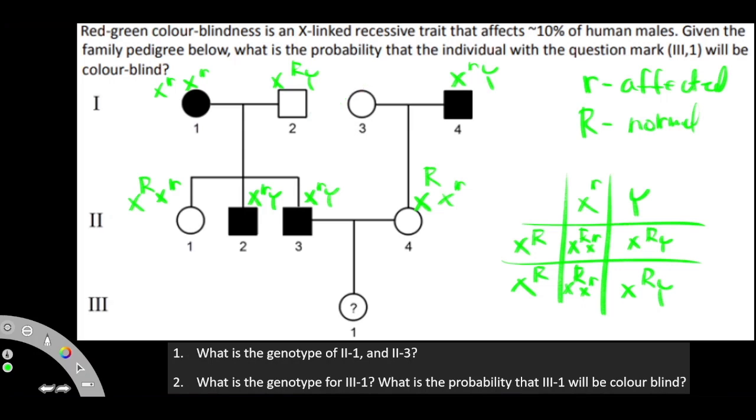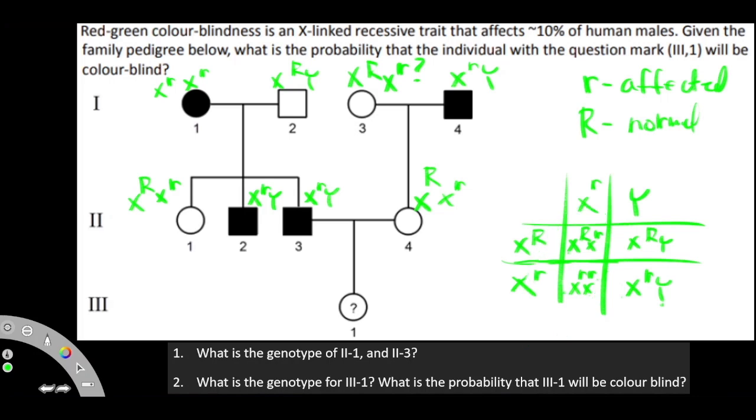Want to try another one? Instead of this being X to the big R, X to the big R, like we did over here, do you want to try X to the small r? Does that work? Let's try it over here. All right, so you get this one, X to the big R, X to the small r. This one, X to the small r, X to the small r. And this one, X to the small r, Y. It works out too, right?